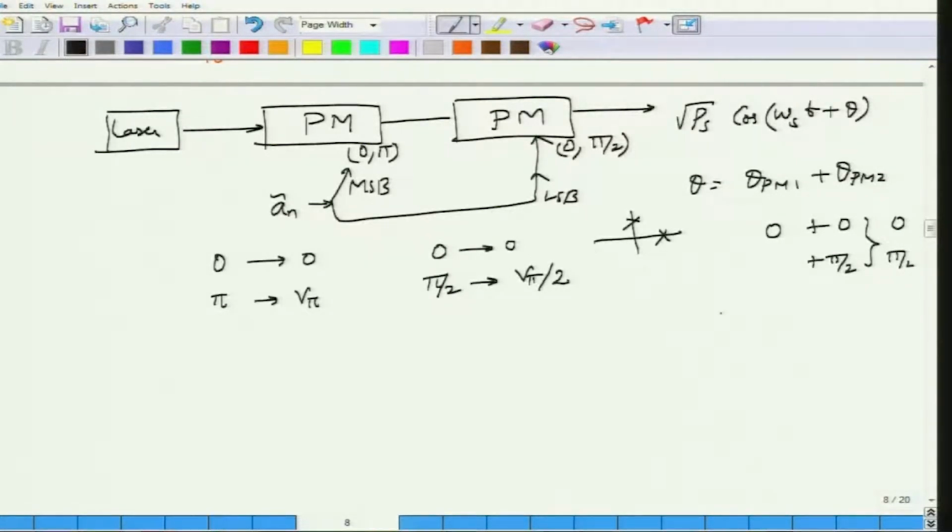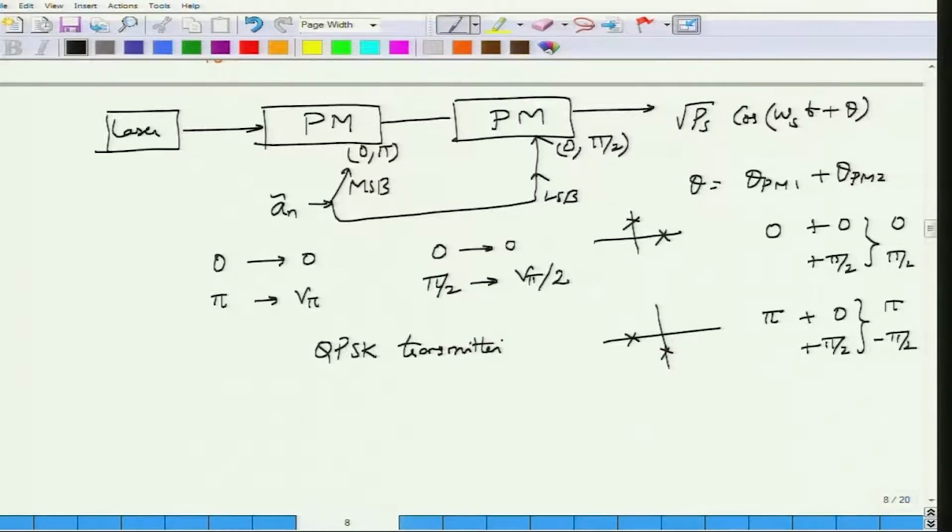Next, if theta PM1 produces a pi phase shift, then I have two additional phases: pi plus 0 is pi, and pi plus pi by 2 is 3 pi by 2, which is equivalent to minus pi by 2. I get these two constellation points with two phase modulators. I am able to get all 4 points, and therefore complete the QPSK transmitter. So this is one way of realizing a QPSK transmitter.